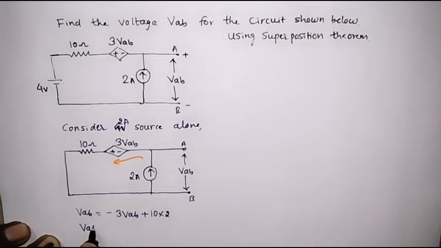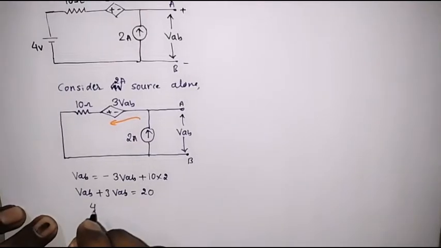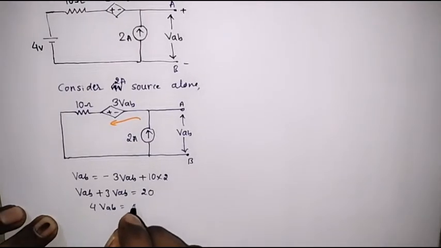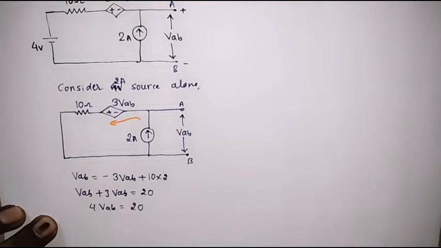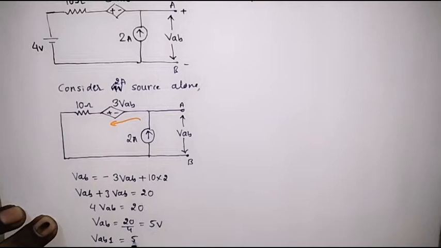Therefore VAB plus 3 VAB is equal to 20. Therefore we can write 4 VAB is equal to 20. Therefore VAB is equal to 20 divided by 4, that is 5 volt. So we will call the first voltage VAB1, which is equal to 5 volt.